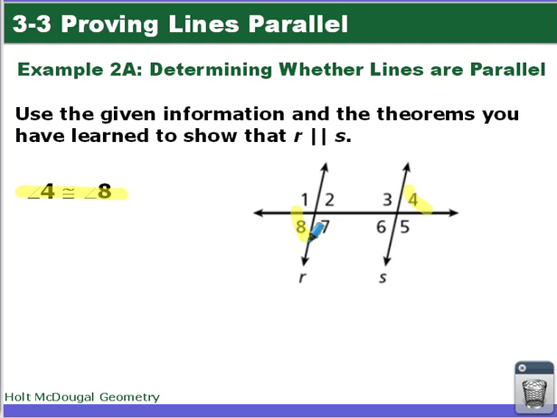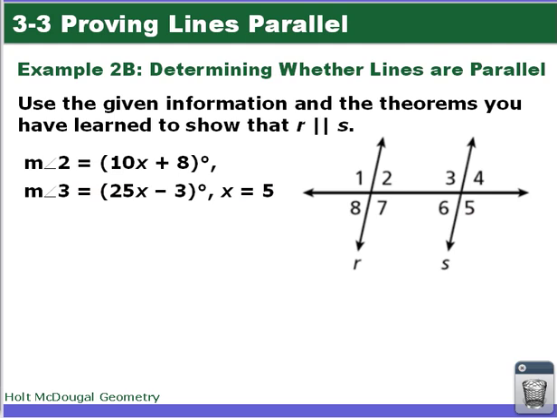We want to show that lines R and S are parallel. Here's our transversal. Looking at how those angles relate to the transversal, we have alternate exterior angles. So based on that, our alternate exterior angles are congruent, therefore line R is parallel to line S.